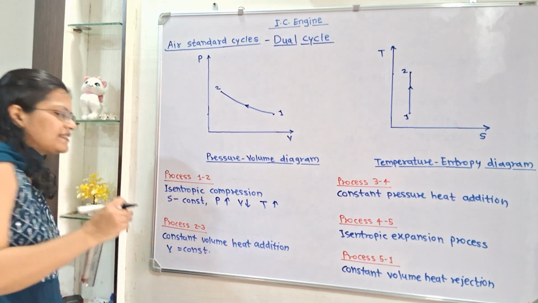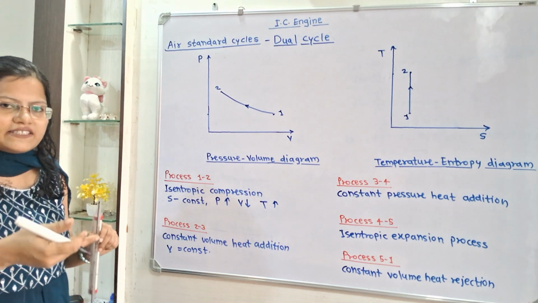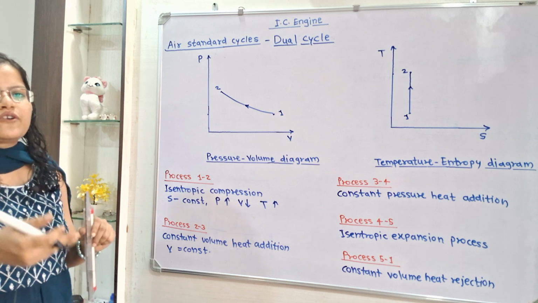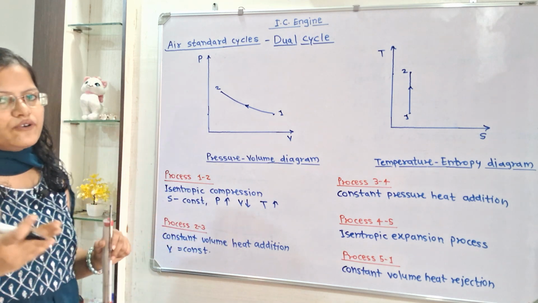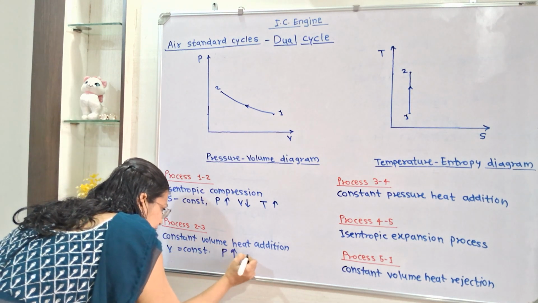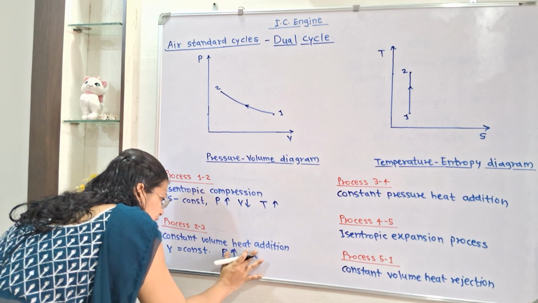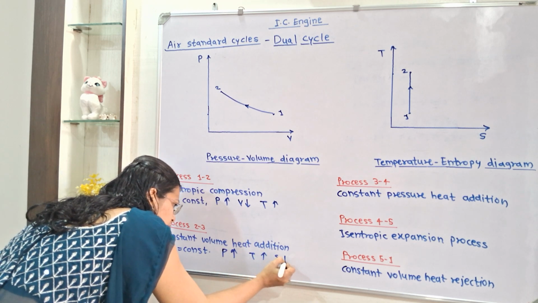Now we know that as heat is added, pressure increases, temperature also increases as well as entropy also increases. So because of the addition of heat, entropy increases. So we will show here P increases, volume remains constant, temperature increases and S also increases.